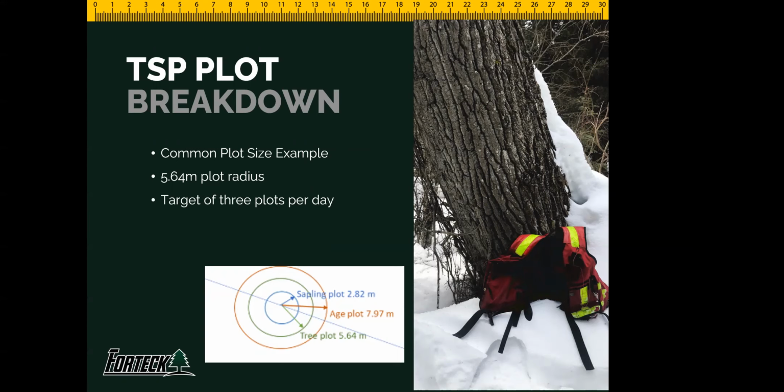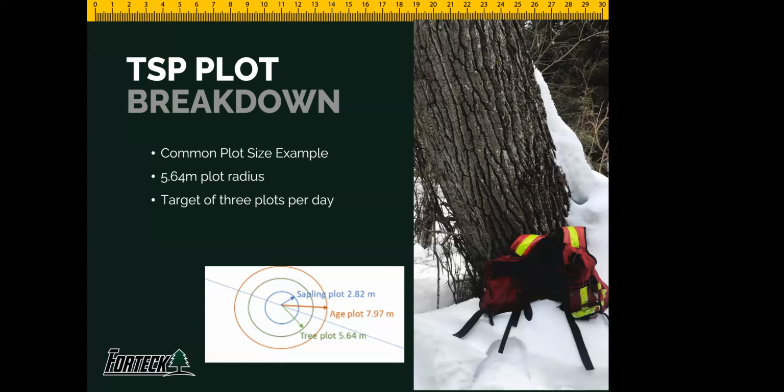So if you're completing a temporary sample plot and it's 1 plot per stand or something like that, then you may have to travel significant time between plots. But if you have multiple plots in one area, you can often get a lot more done. On average, I'd say probably 3 to 5 plots per day for a typical crew of 2 people.